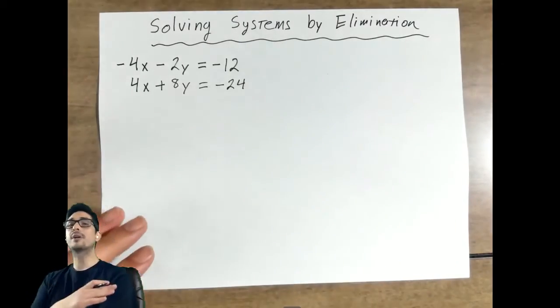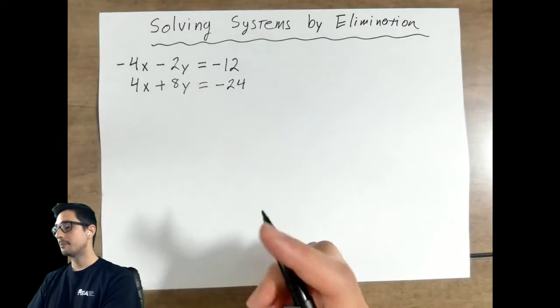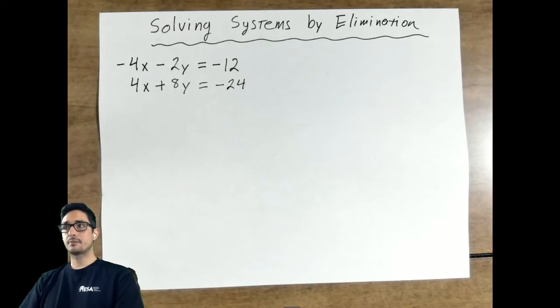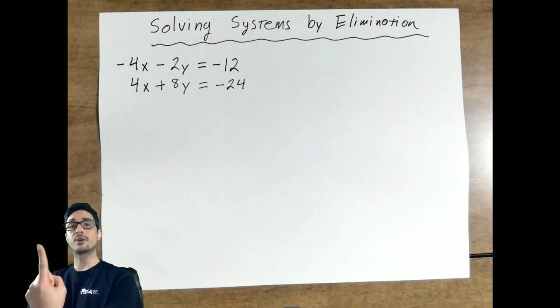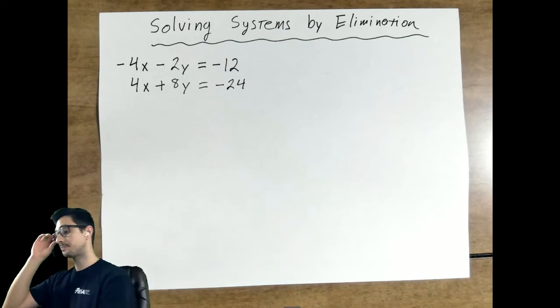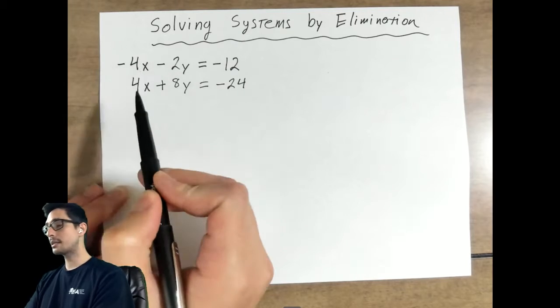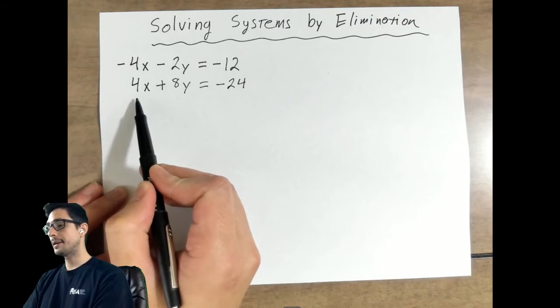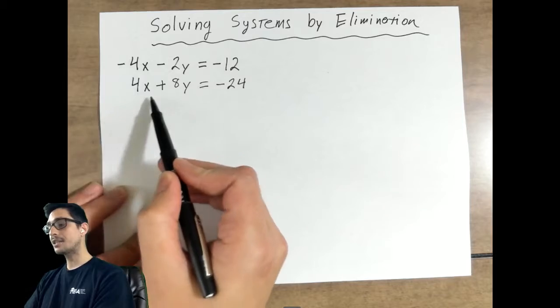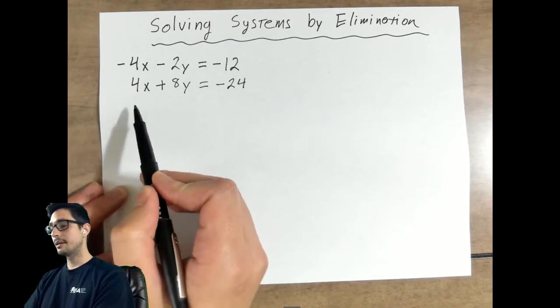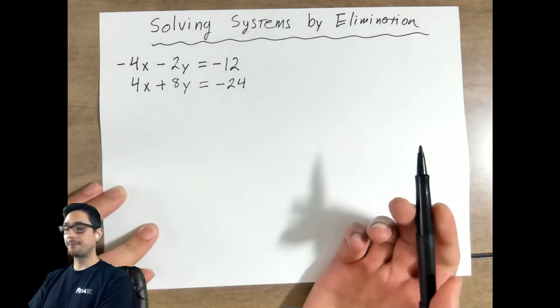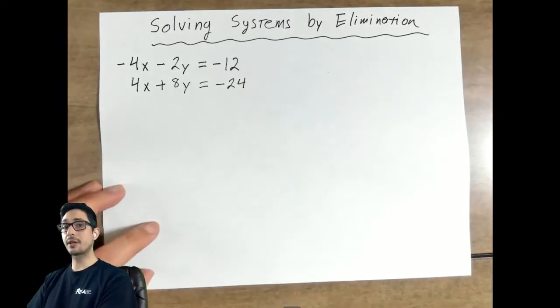We want to get rid of one of them right off the bat, because then instead of solving for two variables, we're only solving one, and that's a lot simpler. Here's a -4x and here's a +4x. I can add those, and these will cancel out, right? So that's the strategy we're going to use.